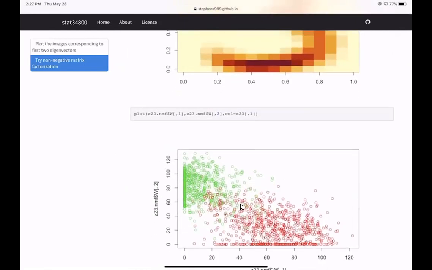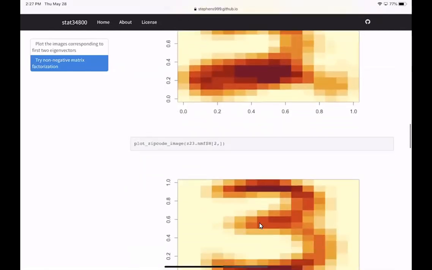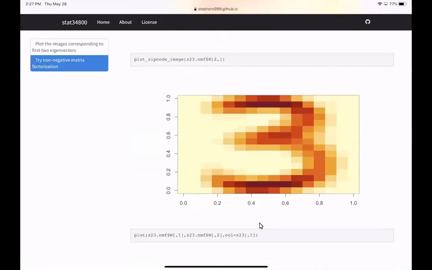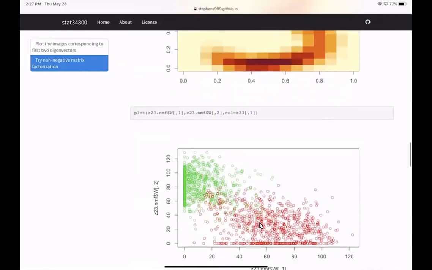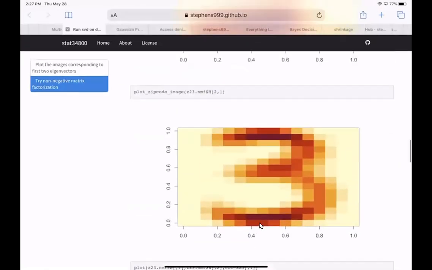Okay, so just like the SVD separated out the 2s from the 3s pretty nicely, the non-negative matrix factorization also separated out the 2s from the 3s pretty nicely. But now the basis vectors themselves are more interpretable, because by disallowing negative entries, you get more interpretable results.